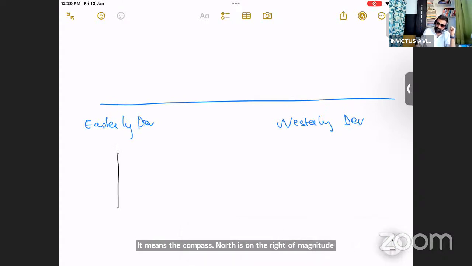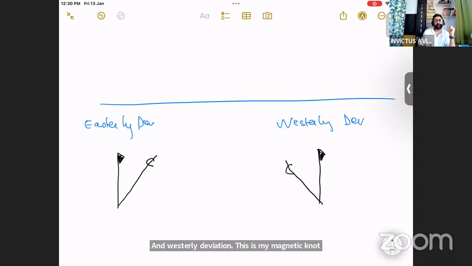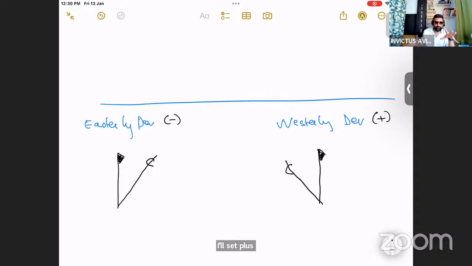So I can say this is my magnetic north, and my compass north can be denoted like this, C. And for westerly deviation, this is my magnetic north, and compass north is on the left. Easterly deviation, I'll say minus symbol. Westerly deviation, I'll say plus symbol. This is the naming, not the addition or subtraction to get it.